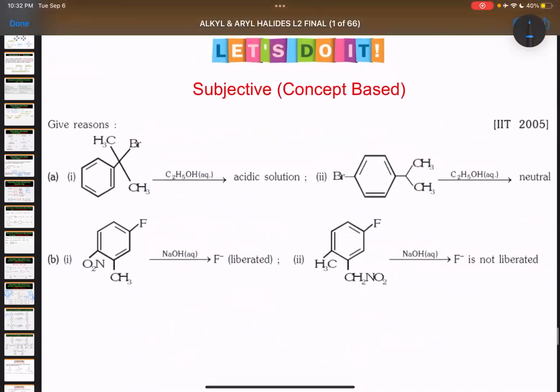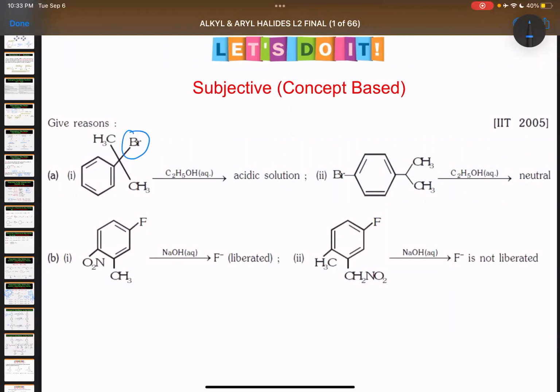Now you can do this quickly, and this is SN1, and the Br will come out very easily. So that's why you have an acidic solution.